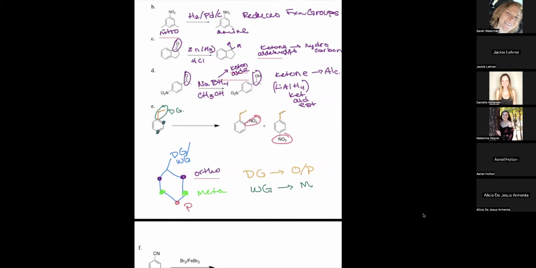It's a nitration reaction. I know the amines, I know nitrile, and NO2. Yeah, it's a nitration reaction anyway. Nitrogen dioxide, I guess.